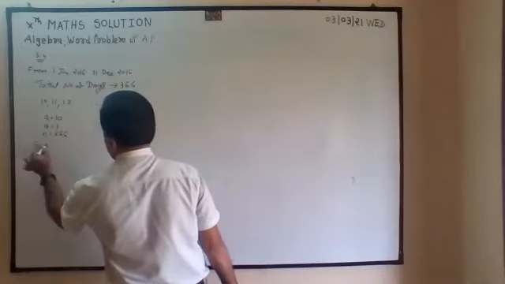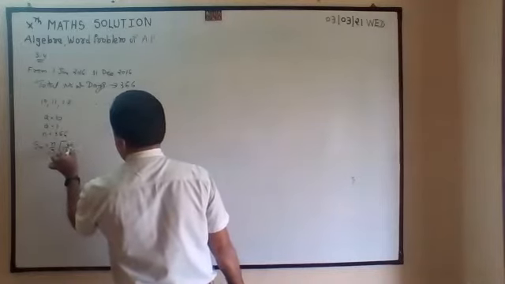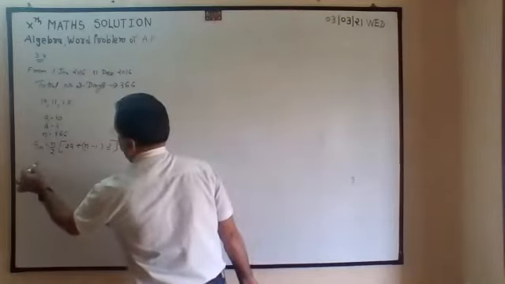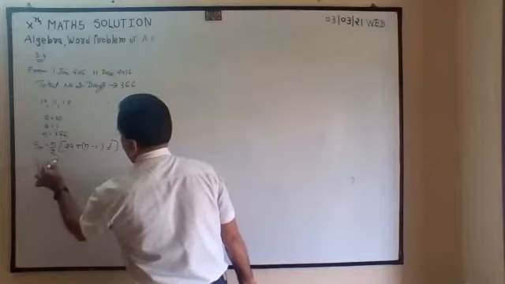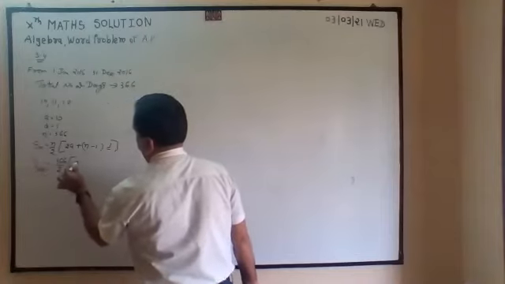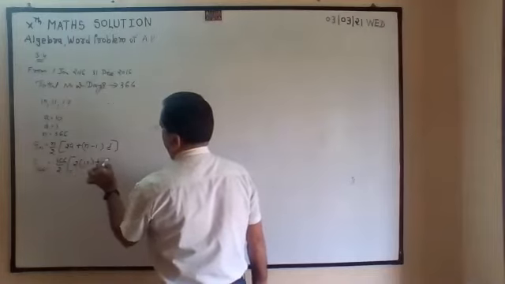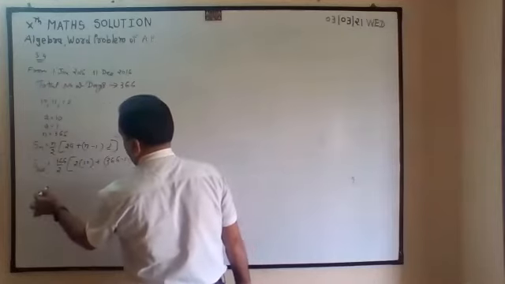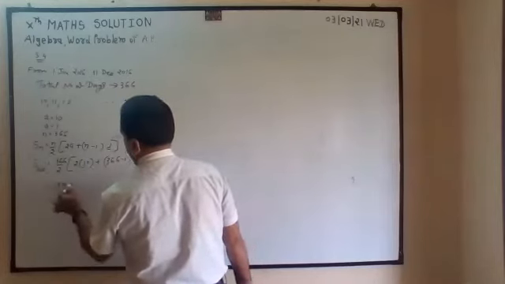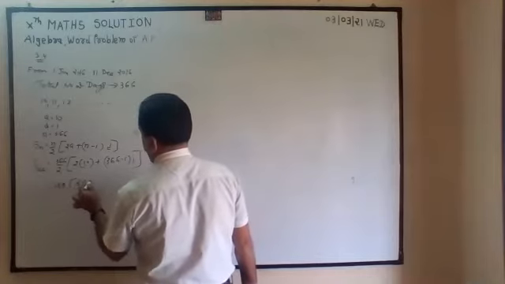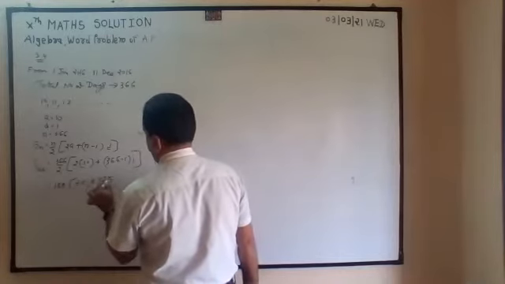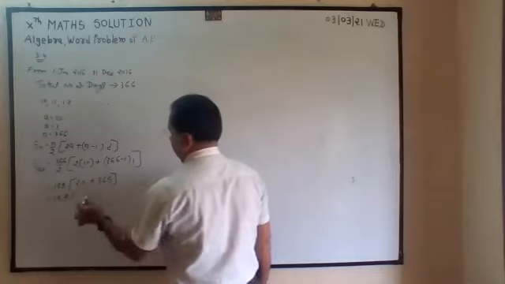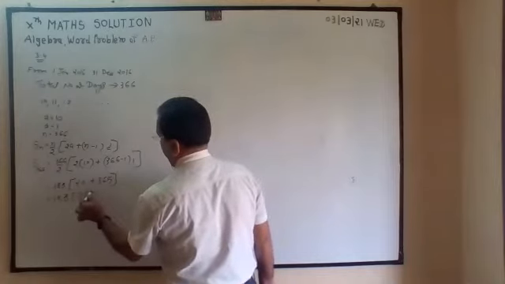So Sn, S366 is 366 divided by 2, into 2a plus 366 minus 1, difference is 1. So this is half, 183 into 385.